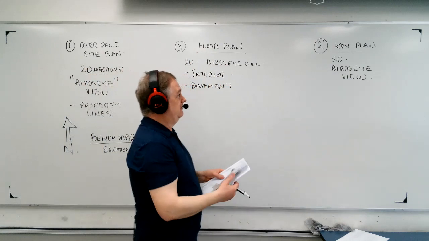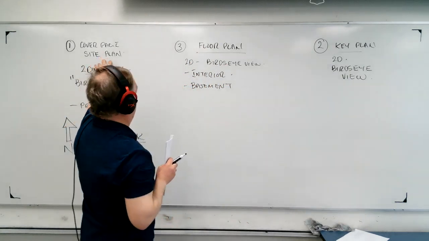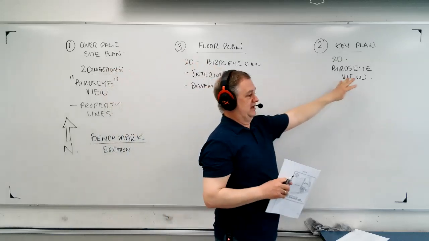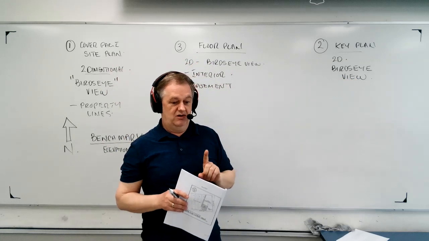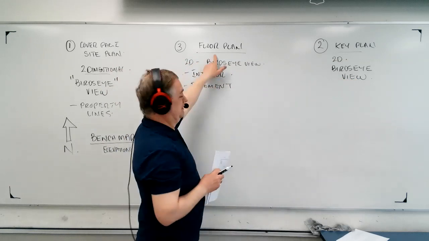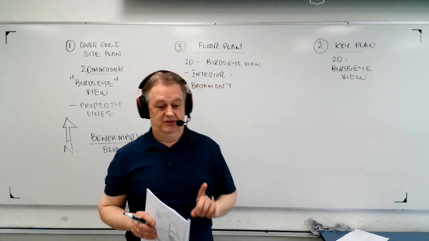Now, one thing that you need to understand is that these plans that I'm talking about, the site plan, the floor plan, the key plan, you can have one or more of these plans for each section of the construction drawing.